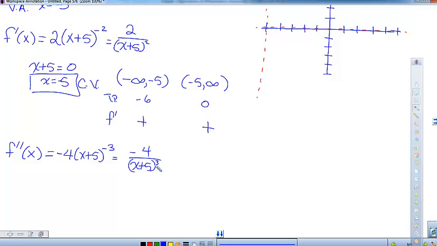I think we can already tell that the important point is negative 5. But this time we need to know, is it concave up or concave down? So we set up intervals, but I'm looking at the second derivative this time. Is that okay? And so when I plug negative 6 in this time, we get what?